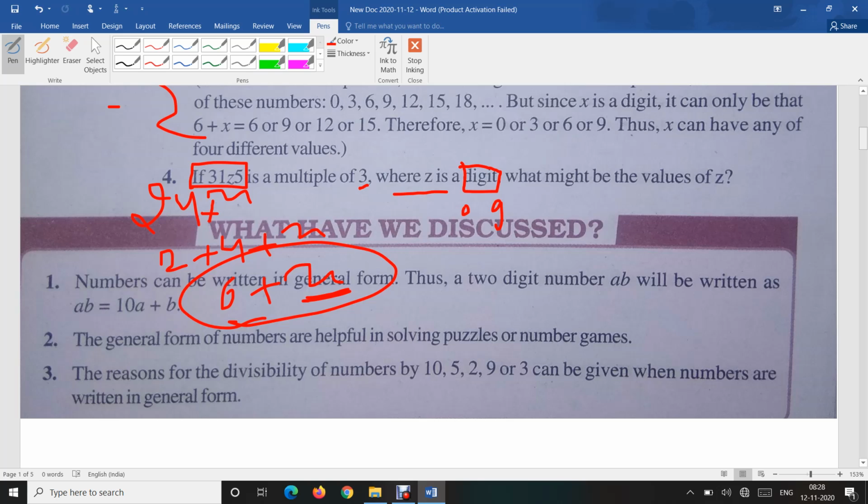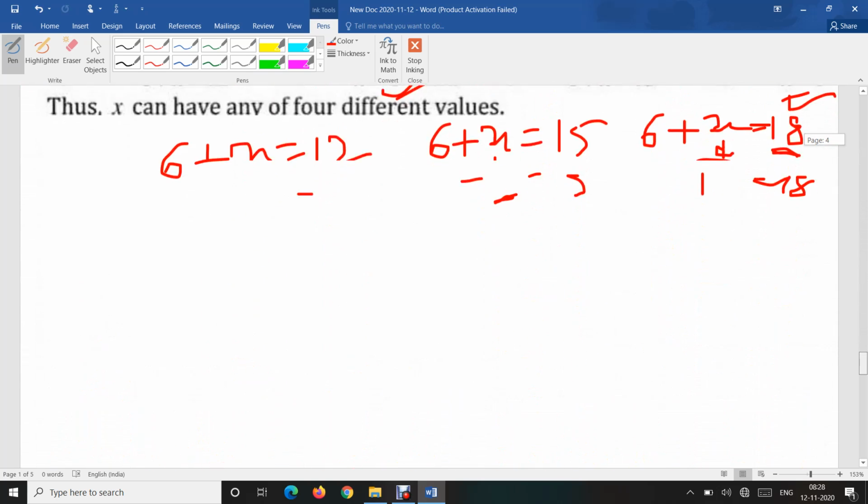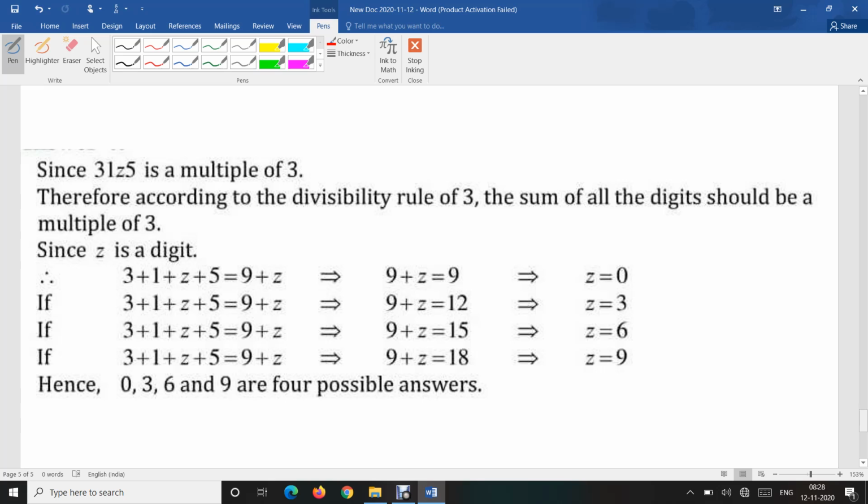We have 31z5. That means 3 plus 1 plus z plus 5. 31z5 is a multiple of 3. According to the divisibility rule of 3, the sum of all the digits should be a multiple of 3. Since 3 plus 1 plus z plus 5 is equal to 3 plus 1 is 4, 4 plus 5 is 9, 9 plus z, so it should be divisible by 3.